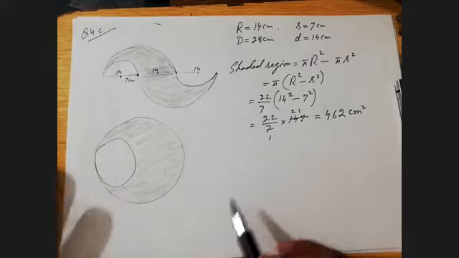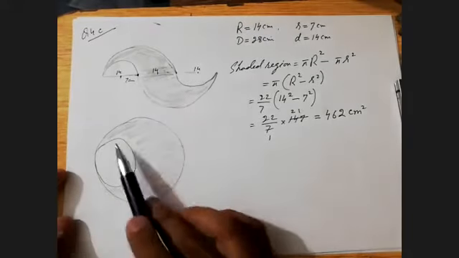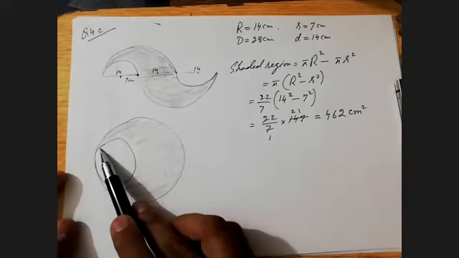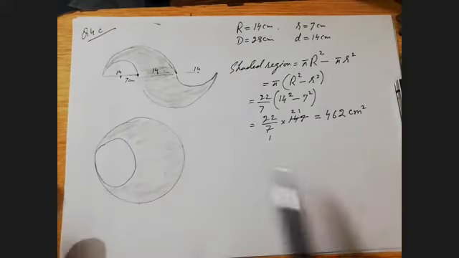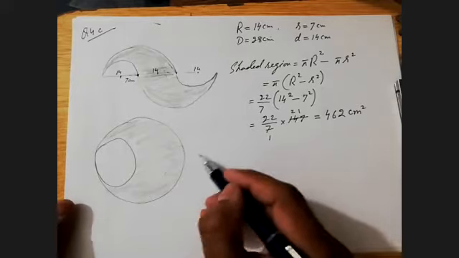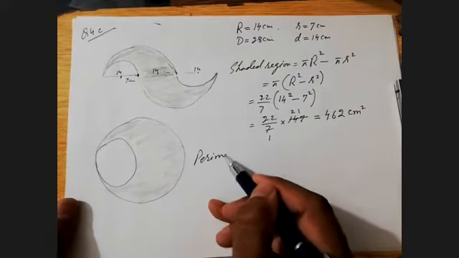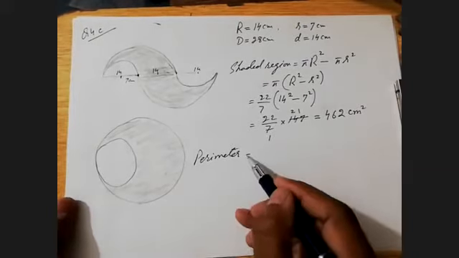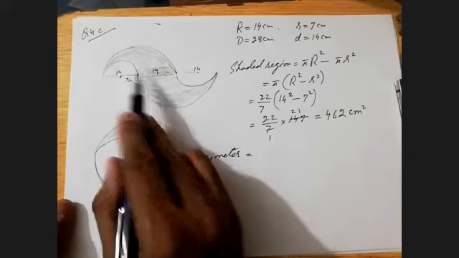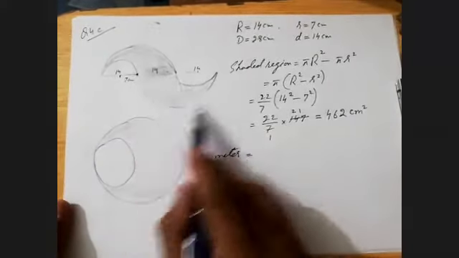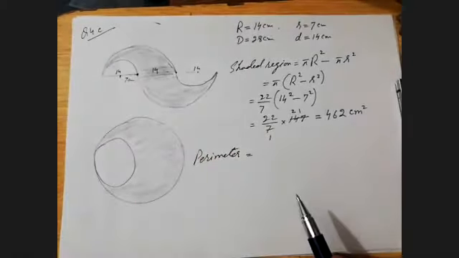Now the perimeter of the shaded region. You can see that as far as the perimeter of the shaded region is concerned, the circumference of bigger circle plus the circumference of the smaller circle, because these 4 are semicircles, 2 bigger semicircles and 2 smaller semicircles are surrounding.